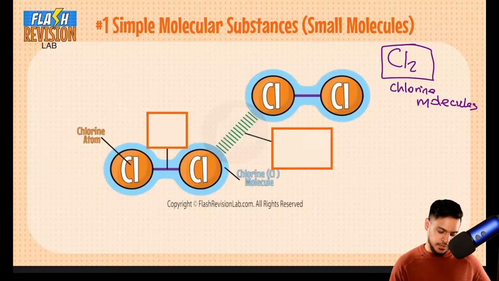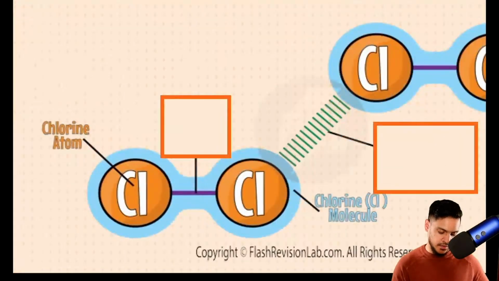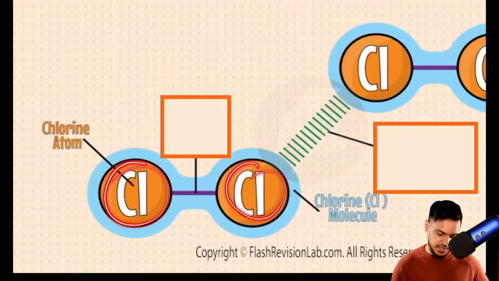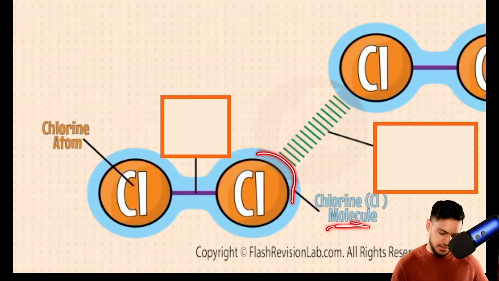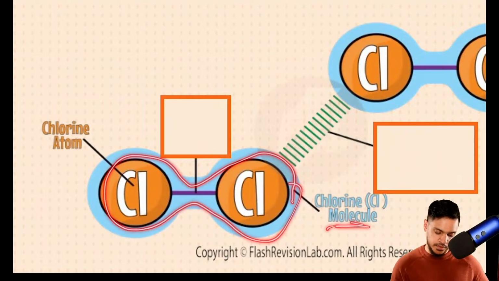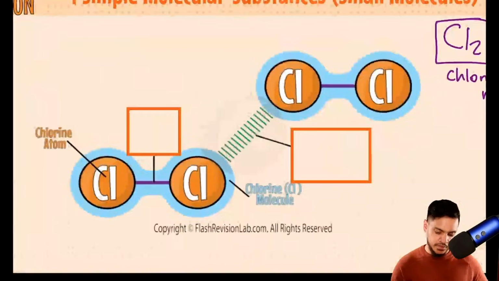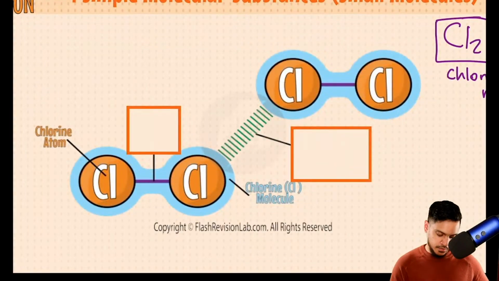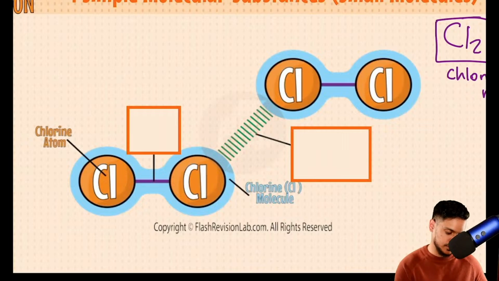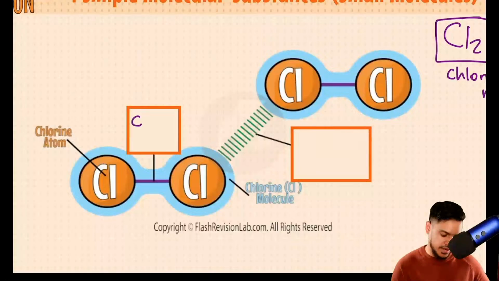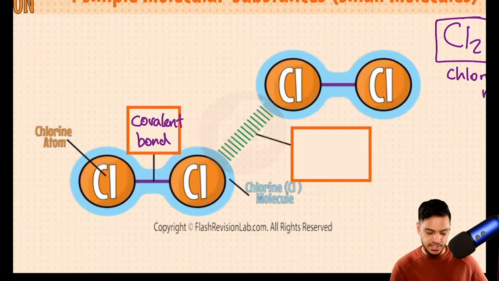Within this molecule, can you see the orange part? That's an atom. That's another atom, but together, the blue part, they make a molecule. All right, so that's the difference. And can you see here we've got two different types of bonds: this purple bond here, and this dashed green bond. The purple one is the covalent bond, and the green one is the intermolecular force.